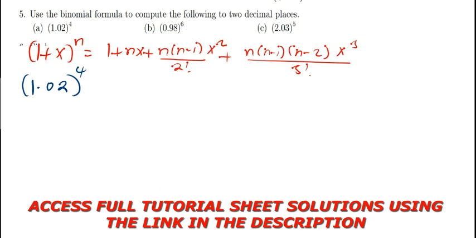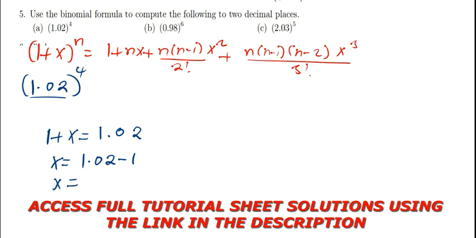So we'll say 1 plus x should be equal to what is in the brackets, which is 1.02. Now solve for x. x will be equal to 1.02 minus 1. So here 1 and 1 will go, so I'll have 0.02. Meaning that in this expression, where there is x, you now put 0.02.